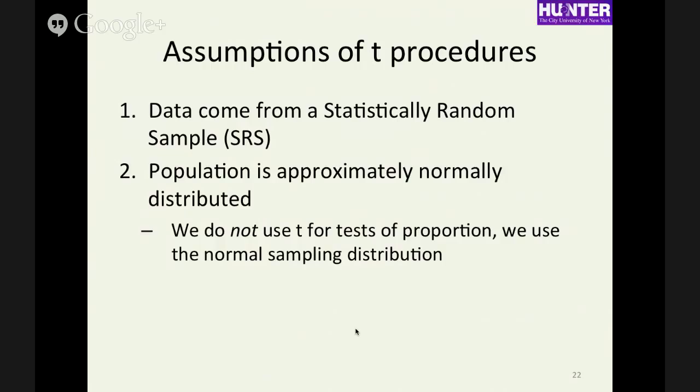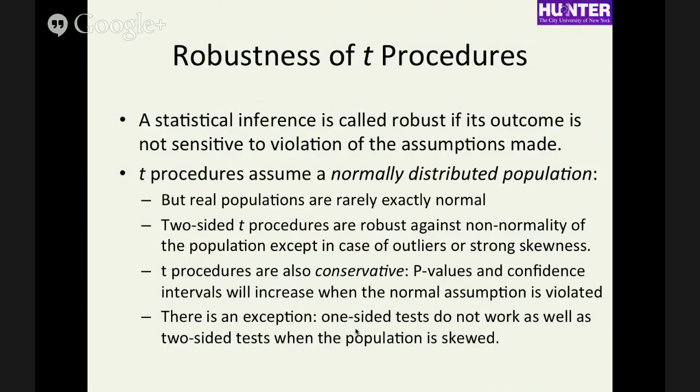So just to remember your assumptions, that we have a statistically random sample. That's always an assumption of hypothesis tests we do. And additionally, for the t-test, that it is approximately normally distributed. We don't use it for testing proportions. We only make the normal approximation for proportions, and we only use them for large samples. They are, however, robust to violations of the assumption of normality.